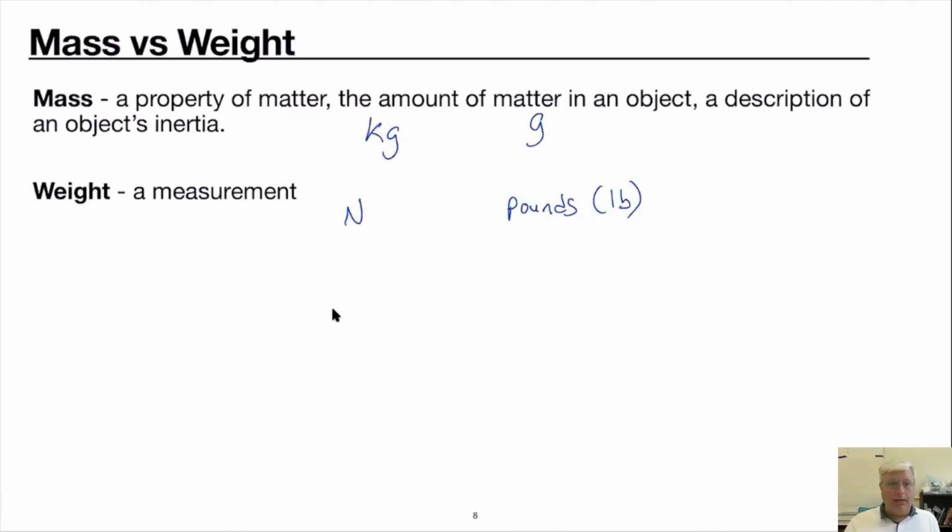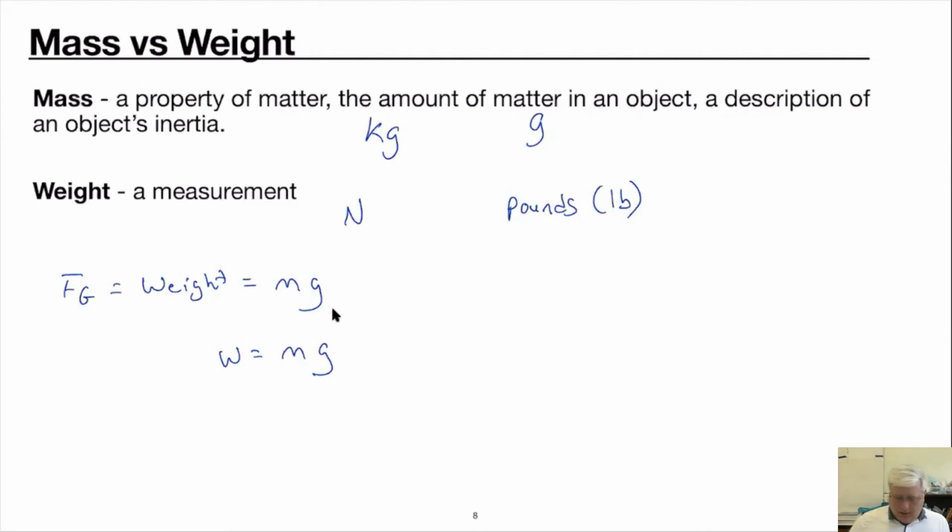But weight has to do with the measurement, okay? And that really has to do with gravity. So we've been seeing that the force due to gravity is an object's weight, and we've been doing mass times gravity. So if we want to find out what an object's weight is, we might say W for weight is mass times gravity.